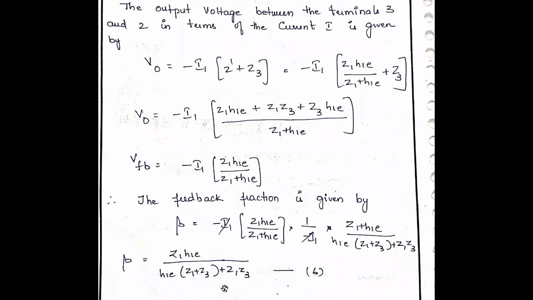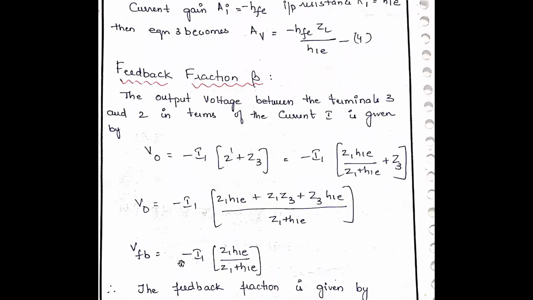So Z1 HIE by HIE into Z1 plus Z3 plus Z1 Z3. Okay. So what is getting cancelled? Minus I1 is getting cancelled. Z1 plus HIE here, Z1 plus HIE here, they are getting cancelled. Okay. So what will remain? Z1 HIE by HIE into Z1 plus Z3 plus Z1 Z3. This is the expression for beta.